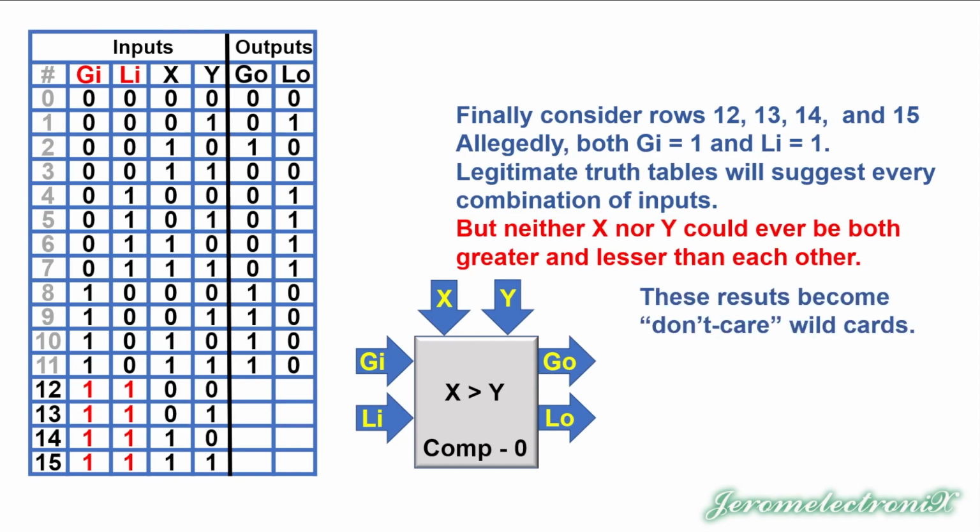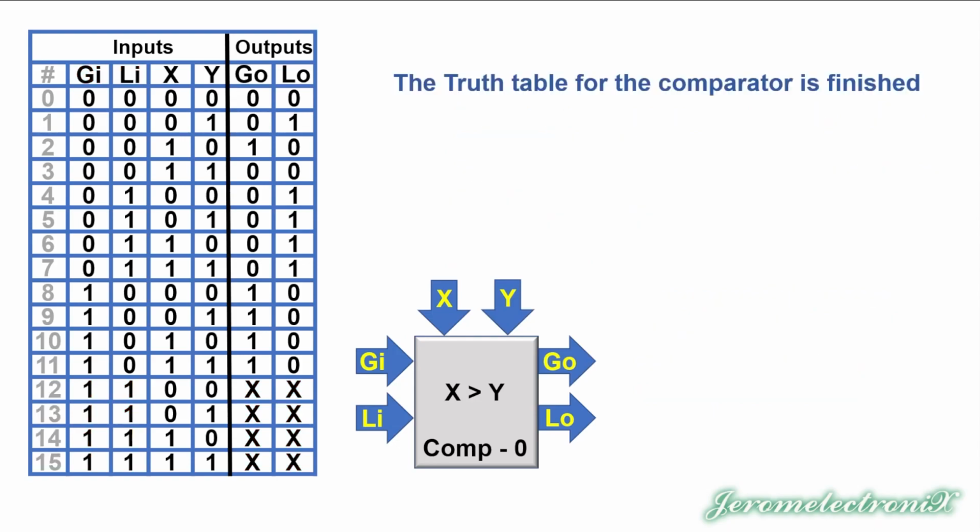We needed those combinations to be addressed, but we know that it won't happen, so we're going to replace these outputs with wildcards. And so we've considered every possible combination and what it should mean. So the don't cares, we have to include those too, because if you remember, they are useful for K-map simplification, which is what we're going to do next, because this truth table for the comparator has been finished.